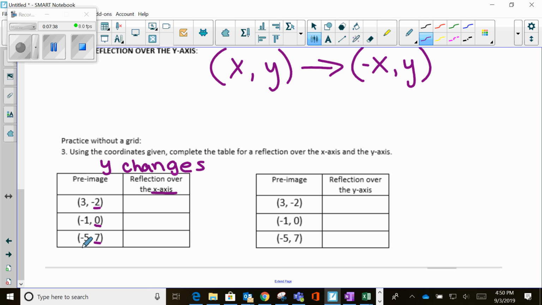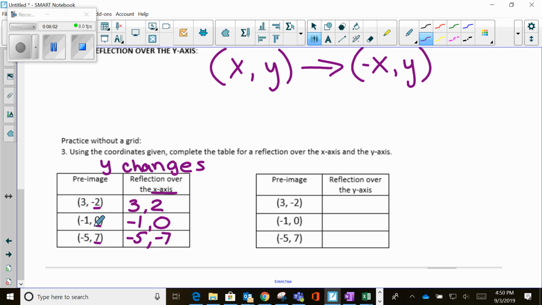The x value stays exactly the same, so I'm going to have 3, and the negative 2 becomes a positive 2. The negative 1 stays the same, and in this case, 0 stays the same because there is no positive and negative 0. And then my last example, the negative 5 stays the same, but the 7 is going to change to a negative 7.